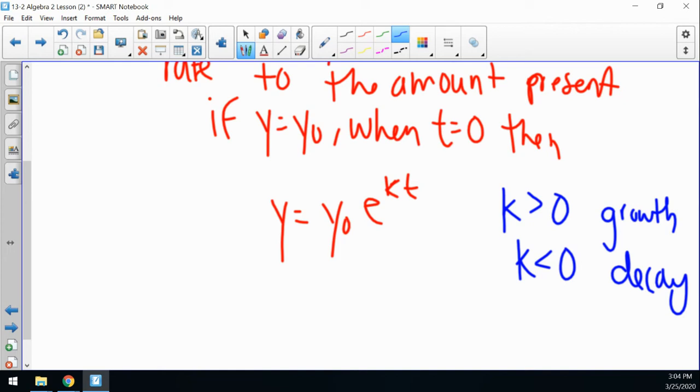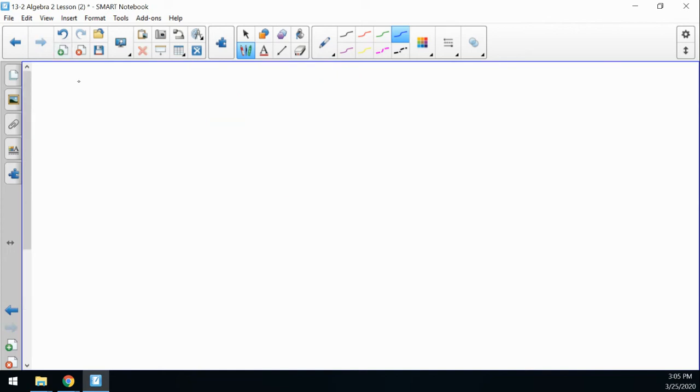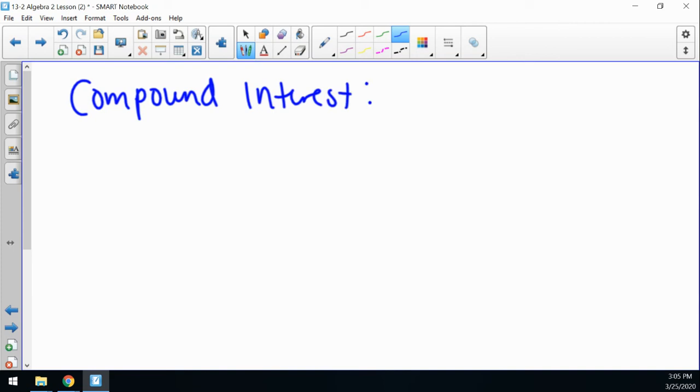Now, what if we're looking for compound interest? That's another way we can look at this as well. It's kind of the same idea. We use this formula right here for compound interest. The amount at time t is going to be equal to our principal times e to the rate times t.